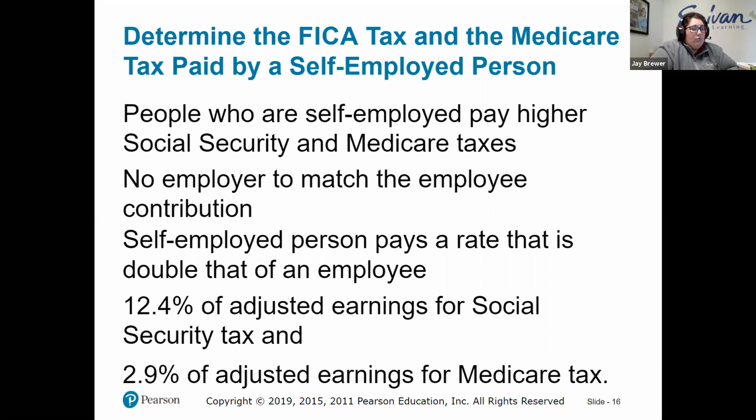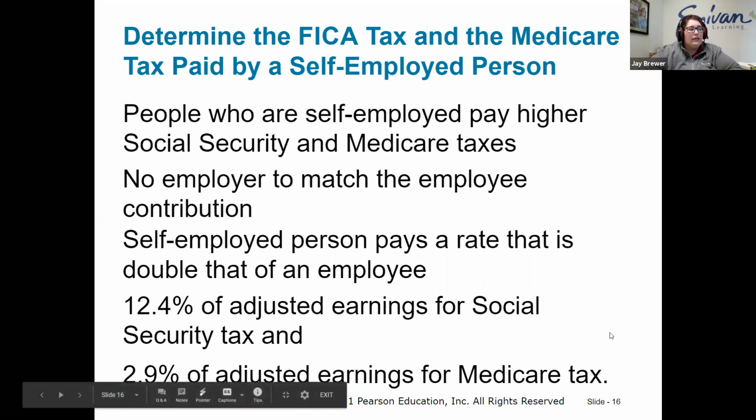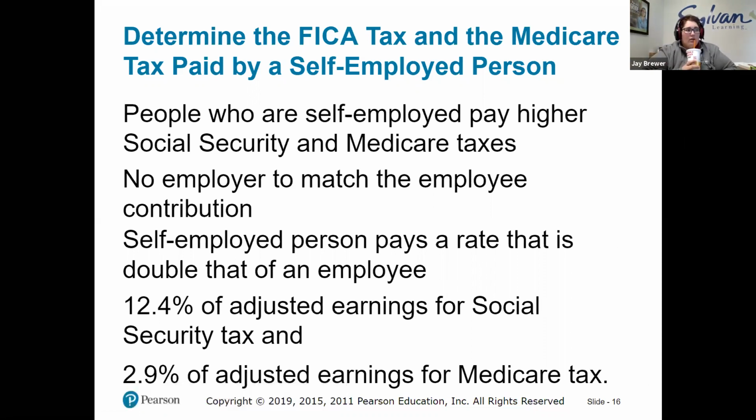Even though there's no employer to match, they're not charged at a higher rate. Self-employed persons pay a rate that is double that of the normal employee. 12.4% is what they use for Social Security, and 2.9% is the adjusted earnings for Medicare tax. Again, this is because there is no one matching them, and of course the IRS has to have all of their money.